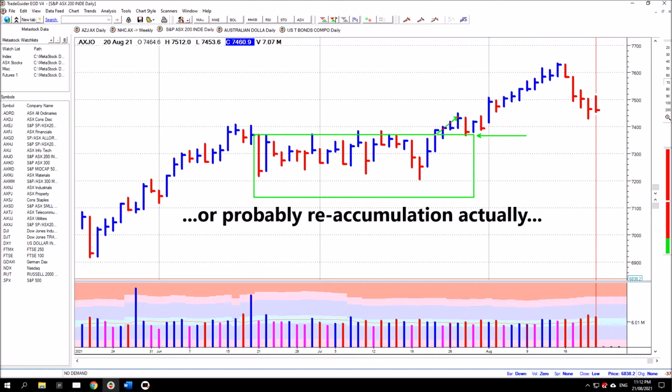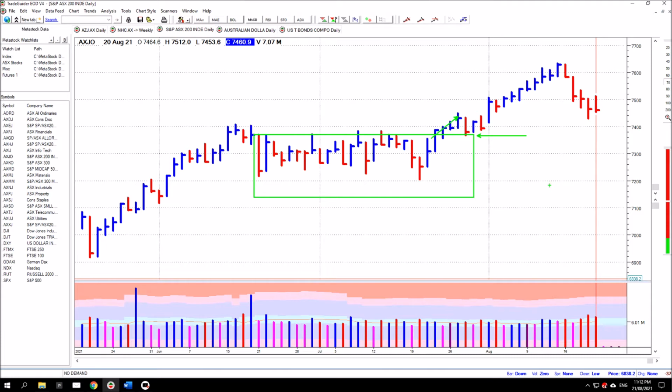Here's the breakout. It's not as clear as the previous breakout, mainly because it's an index, so it's a composite of the 200 largest stocks on the Australian Stock Exchange, and you don't quite get such clear indications at times. But you've got a break out above this accumulation zone, or reaccumulation zone more likely.